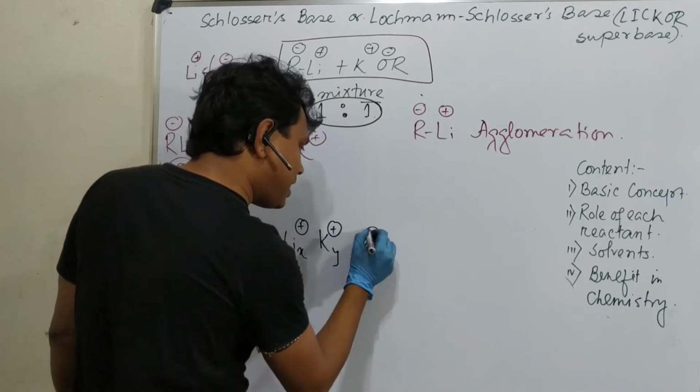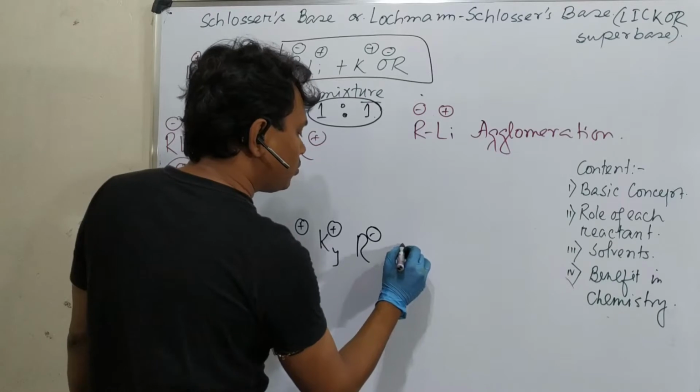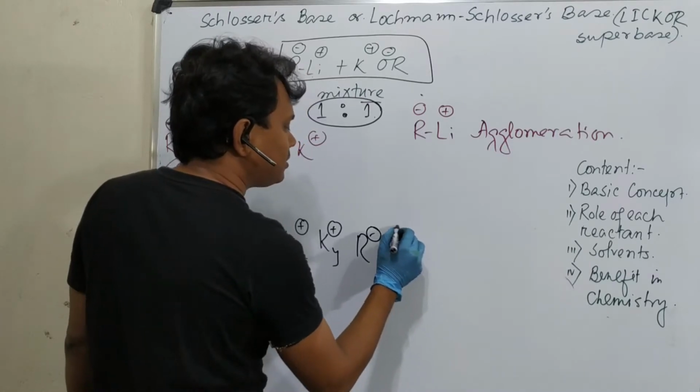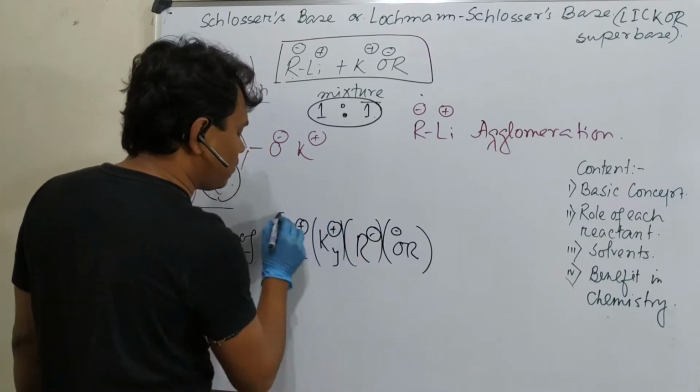So let's consider R minus, and along with that OR minus. So it is actually a mixture of these four.